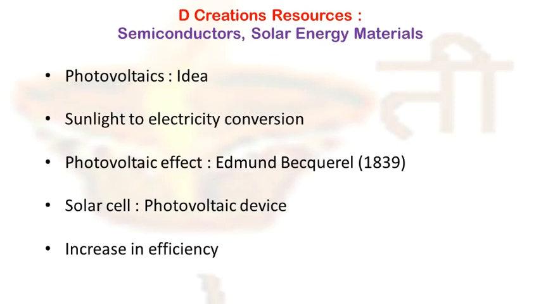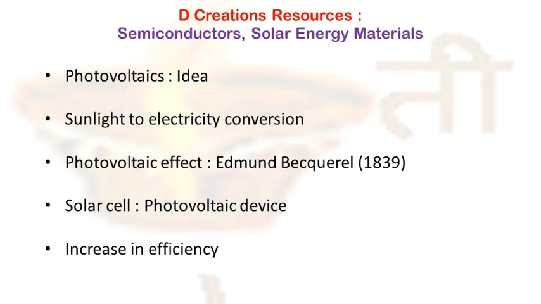So that's why a solar cell is also called a photovoltaic device. The incident aspect is photons, light, from which the word photo comes. So light energy corresponding to sunlight is getting converted to electric energy, hence photovoltaic.